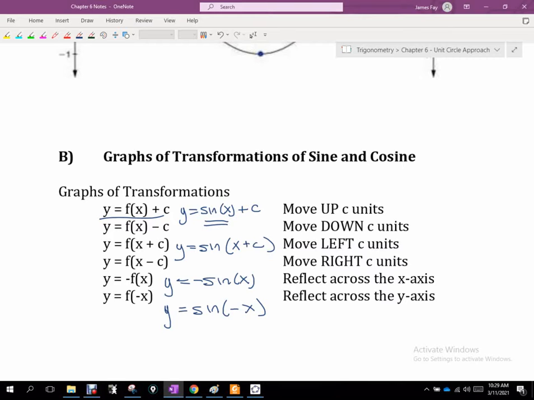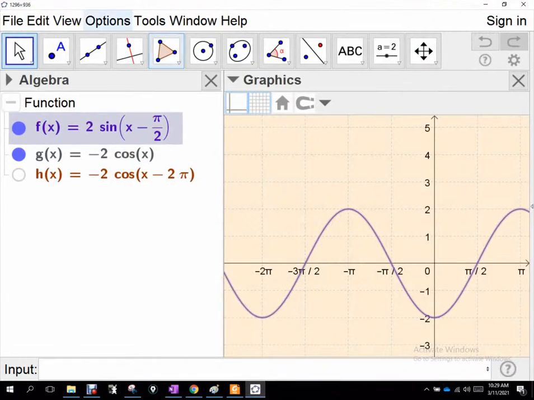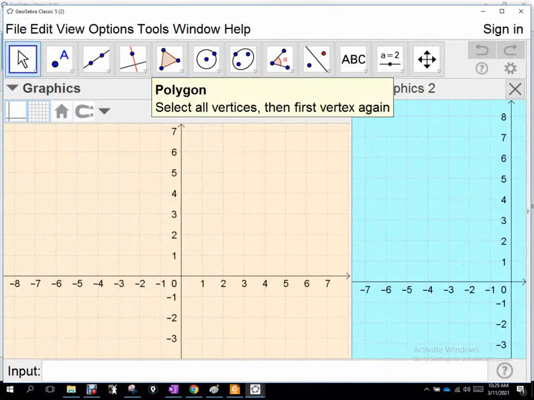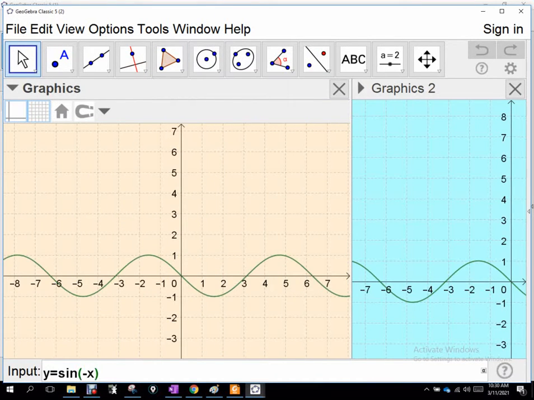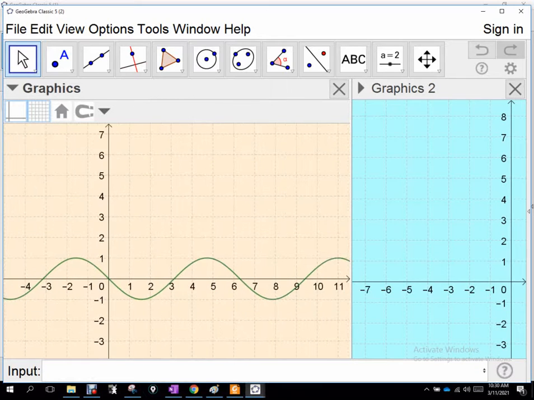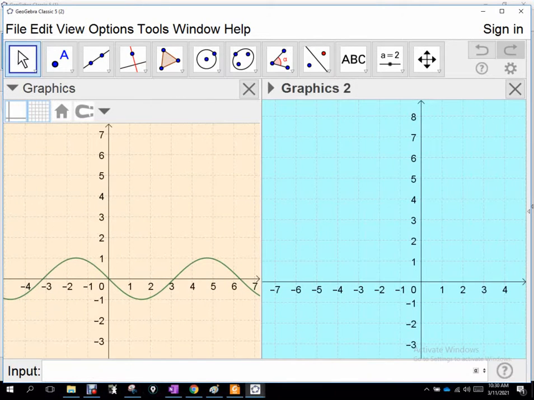So if we go back to this here, y equals sine of negative x gives me that graph right there, right? Over here in the blue, I'm going to go y equals negative sine of x.